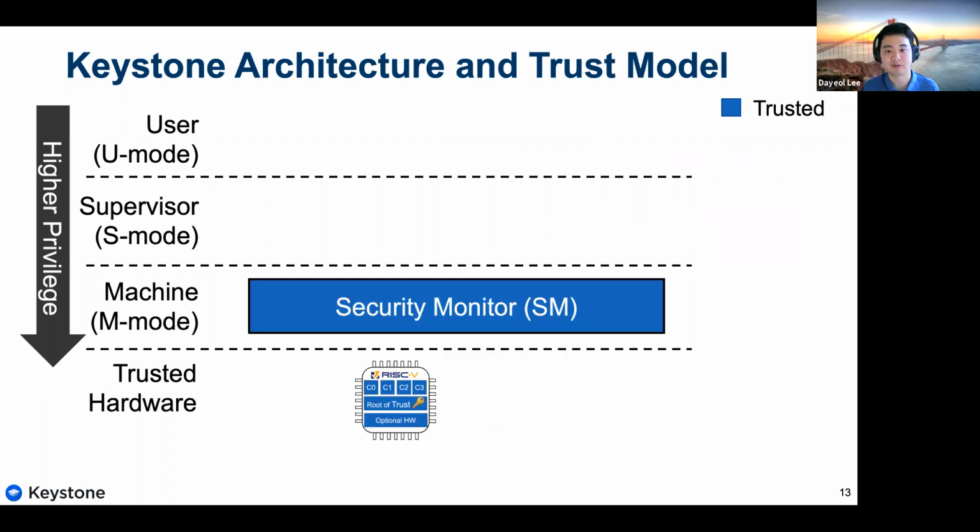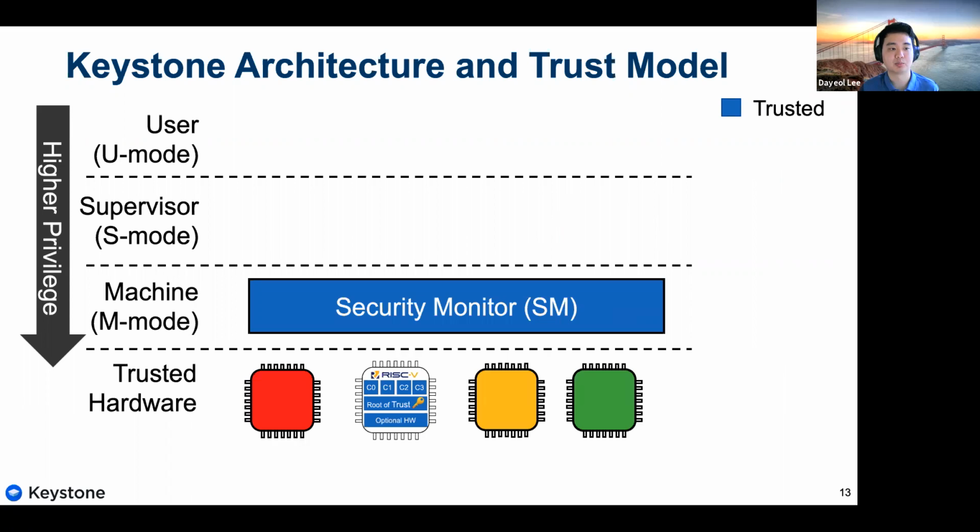On top of that, the security monitor will run in M mode. The monitor implements the basic security features such as memory isolation and attestation, and is in charge of providing a proper abstraction and interface of the hardware. For example, the security monitor should work with different kinds of hardware, but should provide the same interface to the upper layer software.